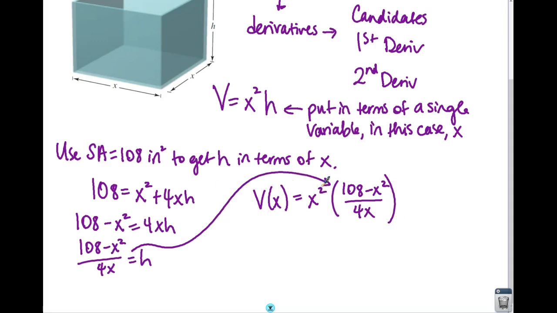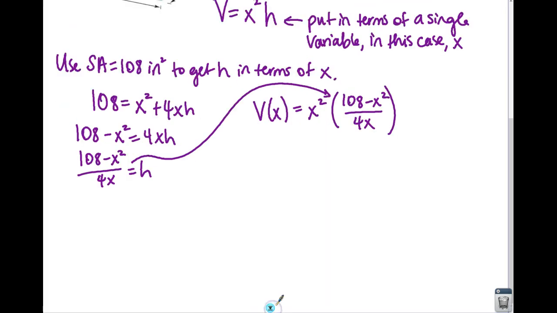Okay, and then let's see if we can clean that up a little bit here. Let me scroll down. So my volume is going to be, one of these x's will cancel out with that x right here.